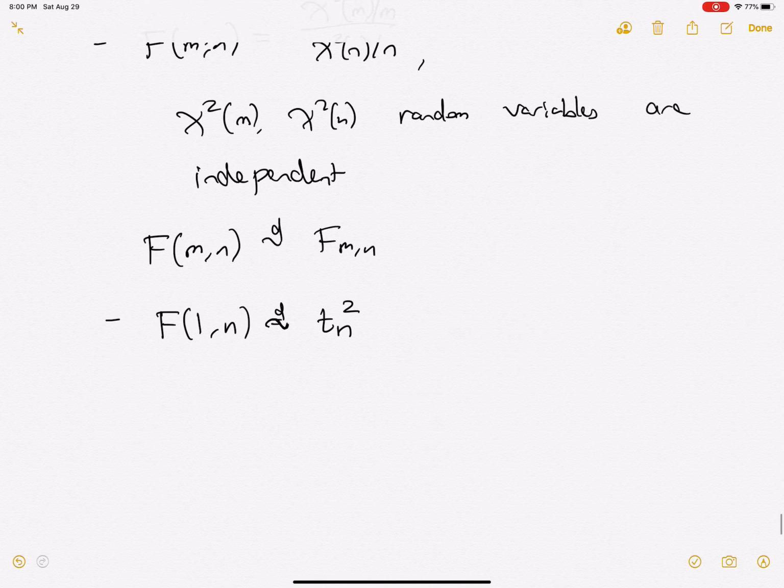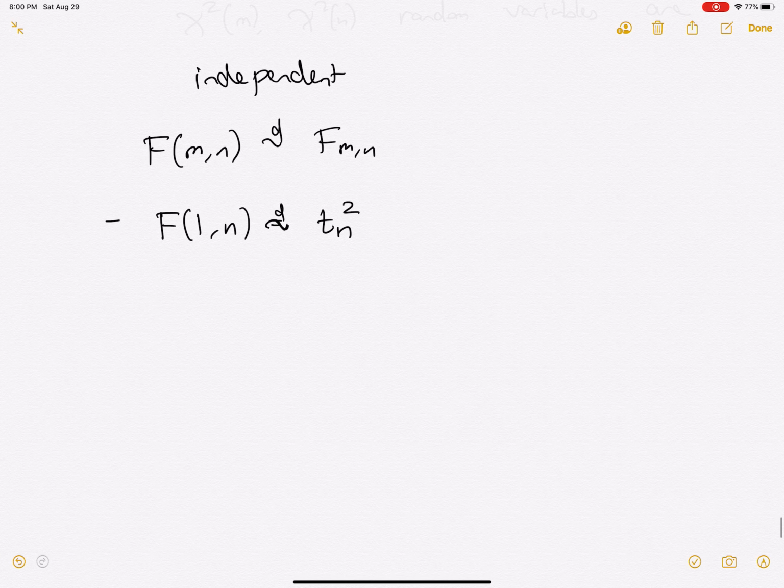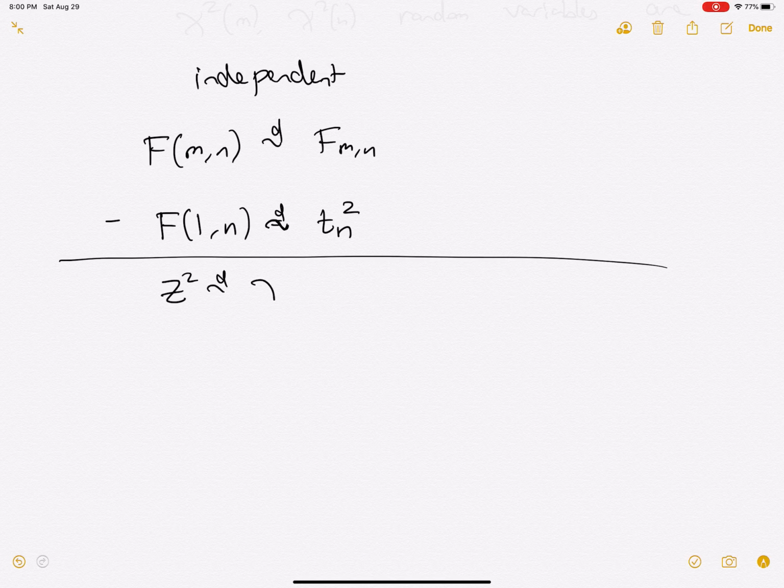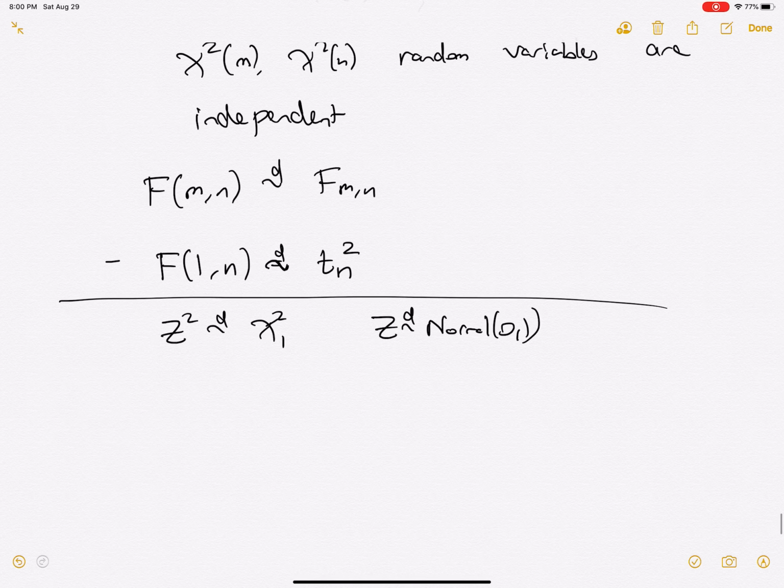We can just see that z squared obviously has a chi-squared 1 distribution. So if z is standard normal, then z squared has a chi-squared 1 distribution.